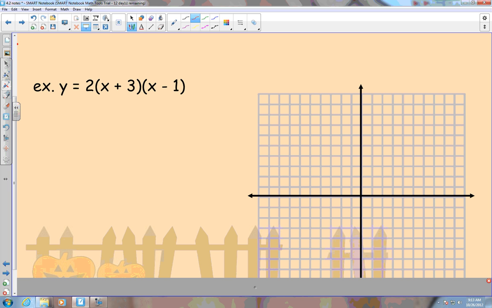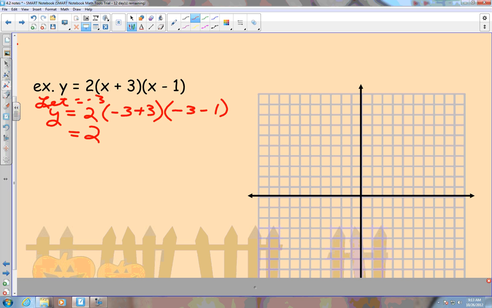If I go y equals, I'm going to let x equal negative 3, and you'll see in just a minute why. So I have 2 times negative 3 plus 3 times negative 3 minus 1.